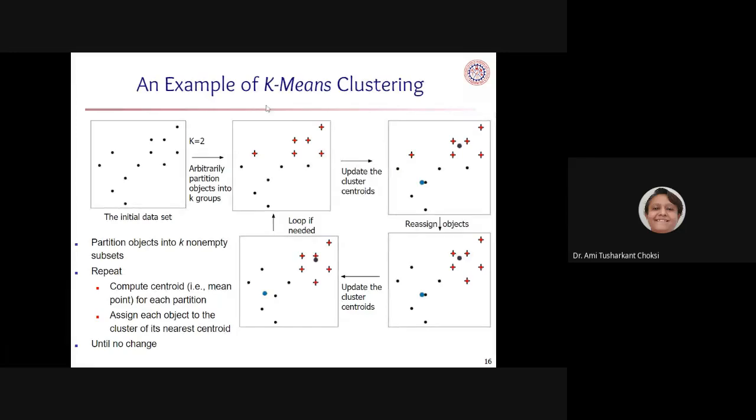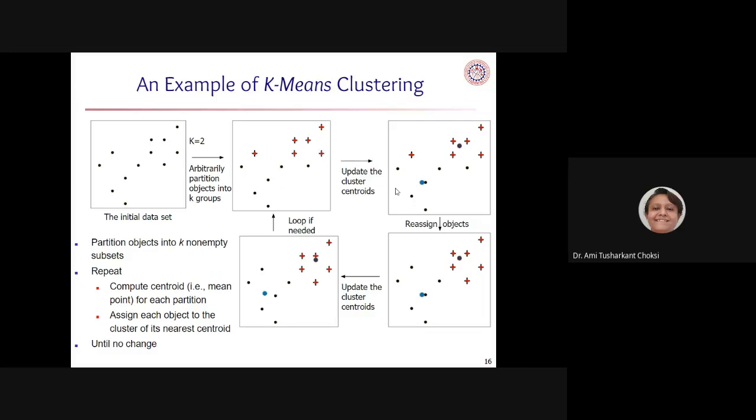So for the example of K-means clustering, we can see here the initial data set, say K is equal to 2. So arbitrarily partition objects into K groups. Let's say we have partitioned the data. Here we can see this as one cluster and this as the other cluster.